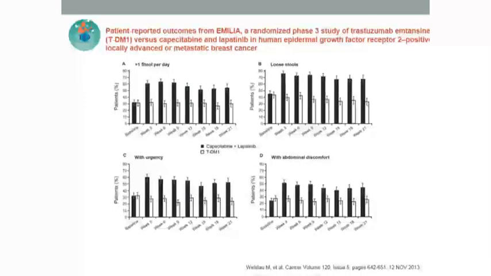So you see the different elements, number of stools per day, etc. And if we remember the previous table with grade 3-4, well, you see that patients under capecitabine and lapatinib usually have problems. And even though you had only 23% in terms of toxicity, well, there's still 30% of patients past the third week that still have diarrhea.